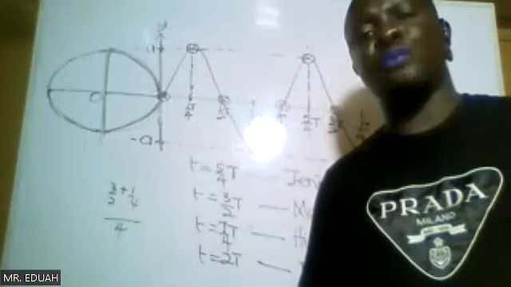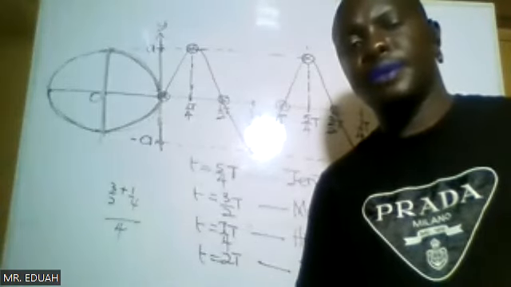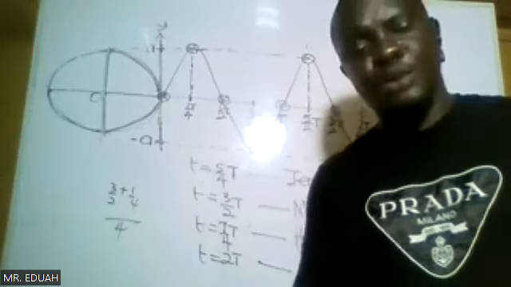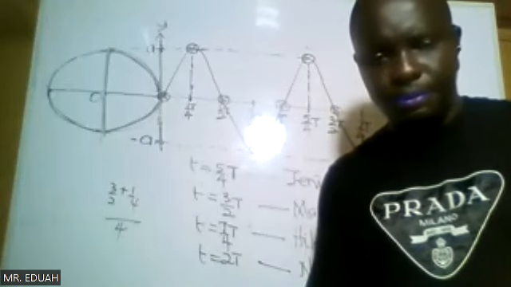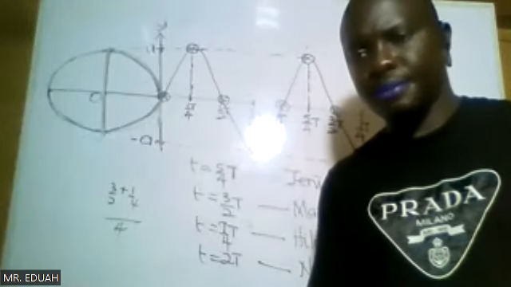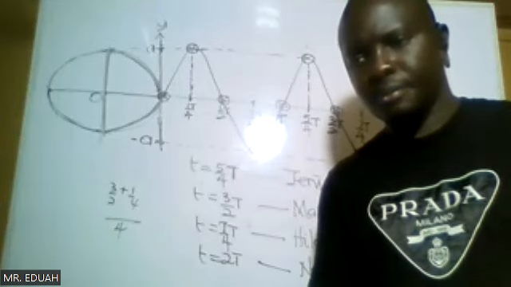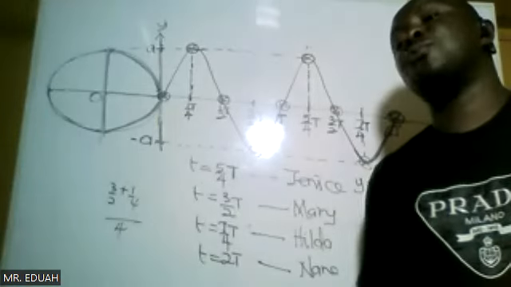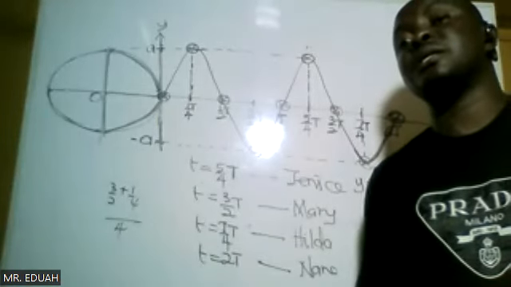If you have a body whose displacement varies with time, what does it produce?